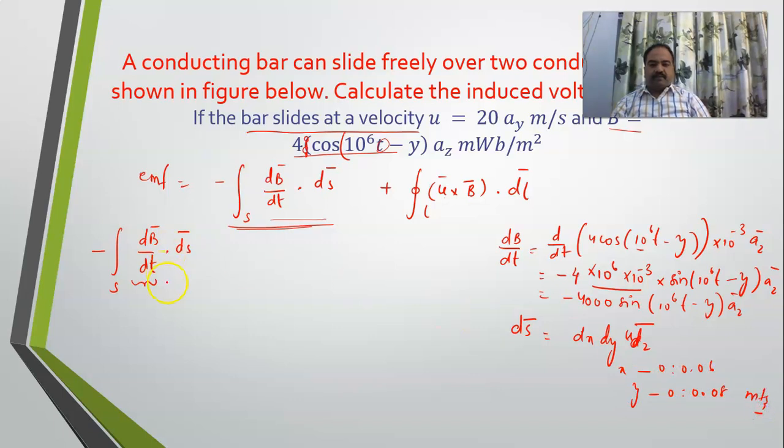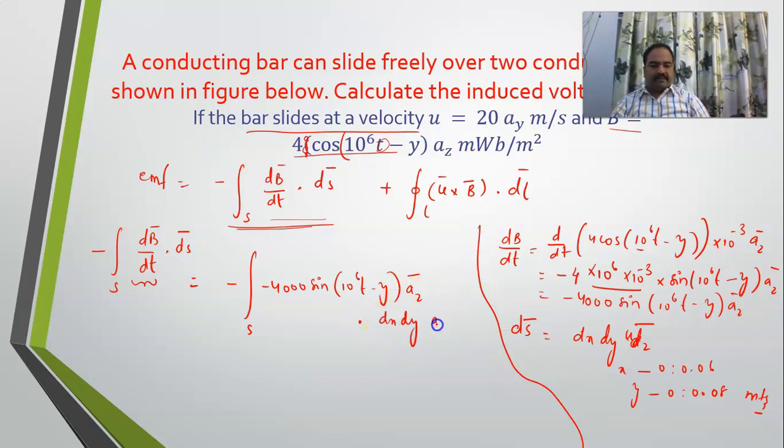Okay, so this one will become minus surface integral of dB by dt, which is minus 4000 sine 10 power 60 minus y az bar, dot dx dy az, right? So az dot az is 1, we have already seen that.